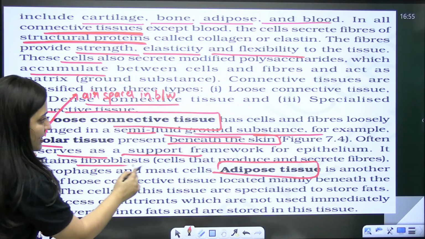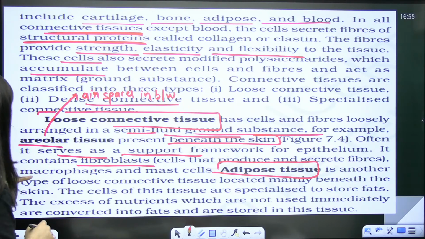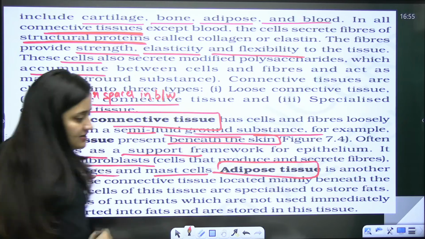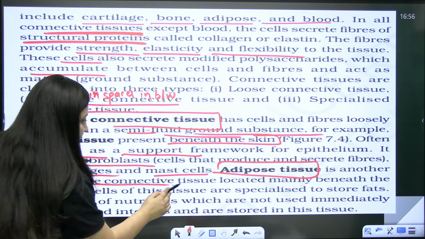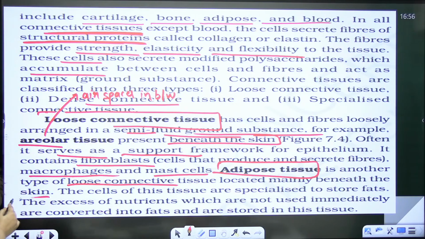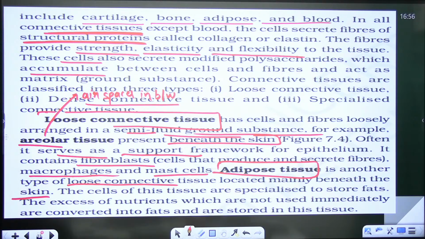It contains fibroblast cells that produce and secrete the fibers, and also macrophages and mast cells. Next is adipose tissue, another type of loose connective tissue. It is also present under the skin, but the cells here are specialized to store fats. It is basically for the storage of fats.